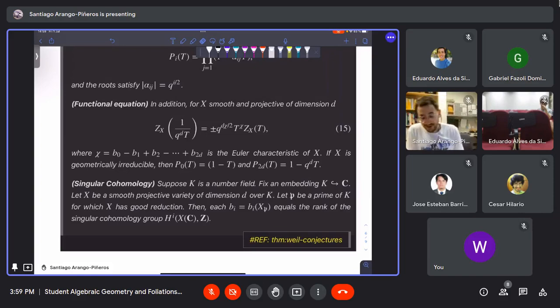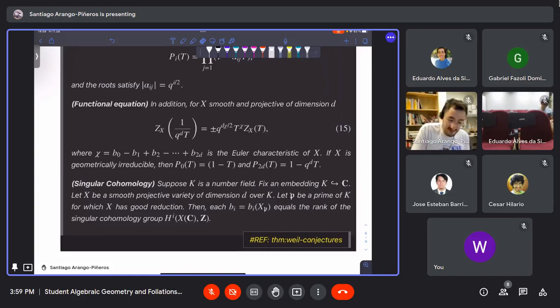Another thing you can do with your original variety, instead of looking mod primes, is looking at the complex points. Then you get some complex variety, and you can calculate the singular cohomology with integer coefficients of that variety.